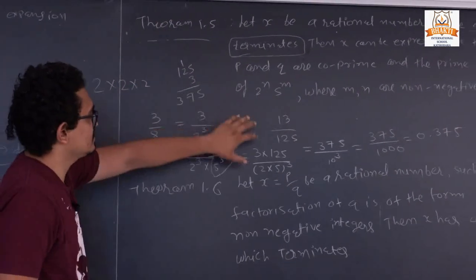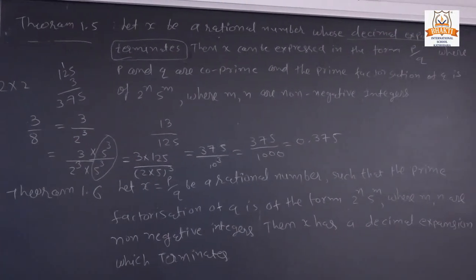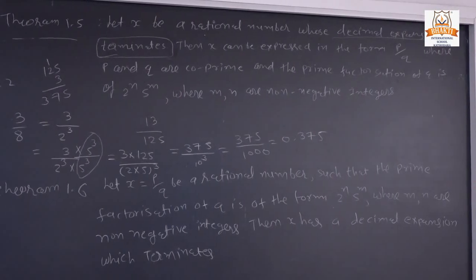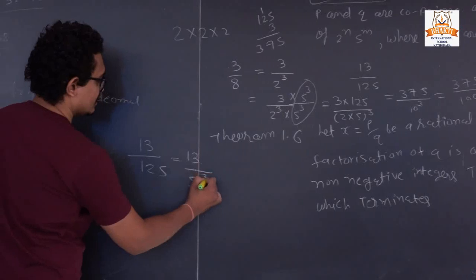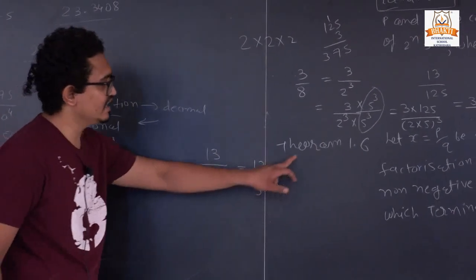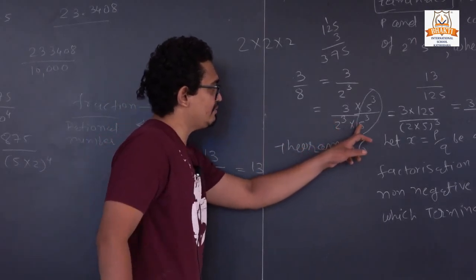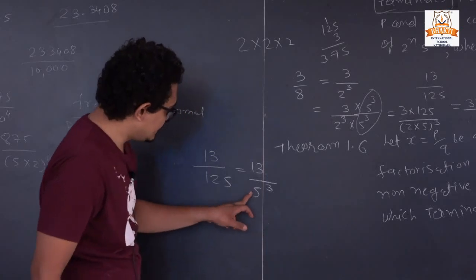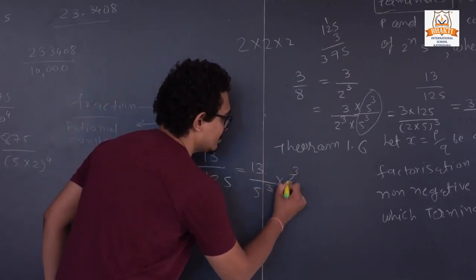Similarly we have one more example, 13 upon 125. So what is its factor? We can write it as 13 upon 5 raised to 3. Here in the denominator we have a 5, and we need a 2. So we are multiplying with 2 raised to 3, since we already have 5 raised to 3 in the denominator.